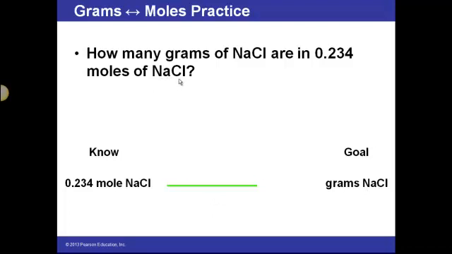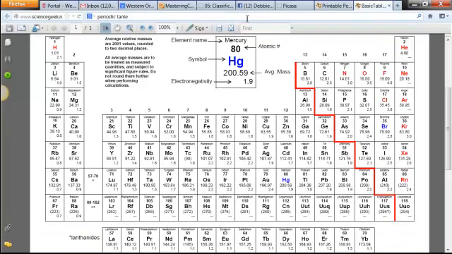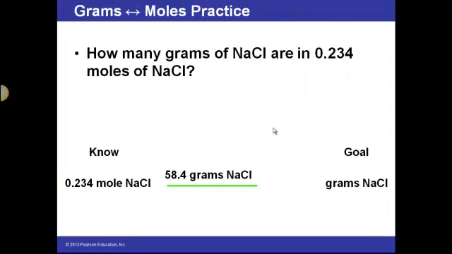So we have to find our molar mass for sodium chloride. Again, if we look at our periodic table, we've got our sodium at 22.99, and we have our chloride ion over here at 35.45. So we're going to add those two together to get the molar mass. And we find that that is 58.4 grams of sodium chloride in 1 mole of sodium chloride.